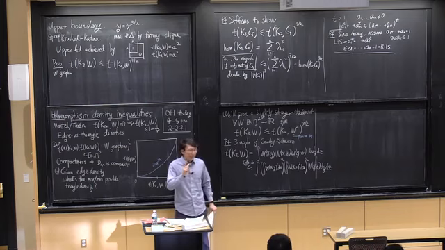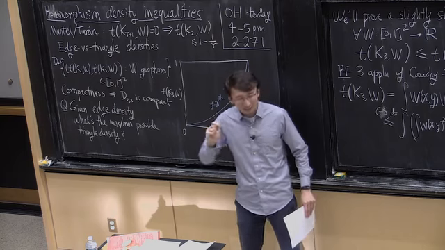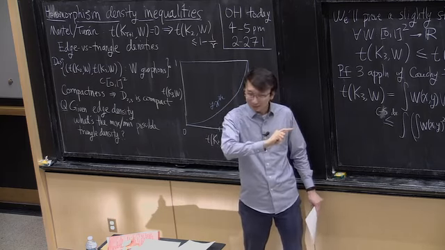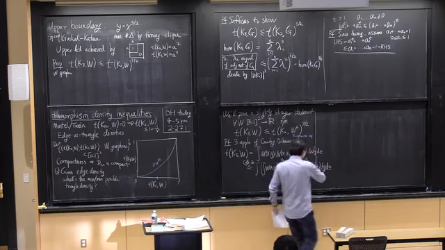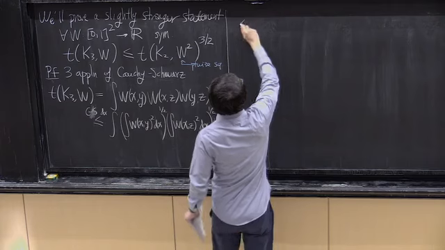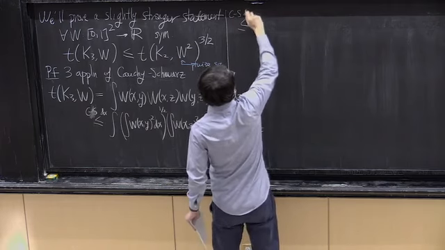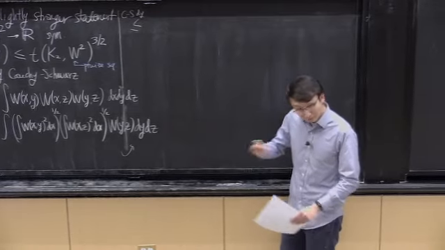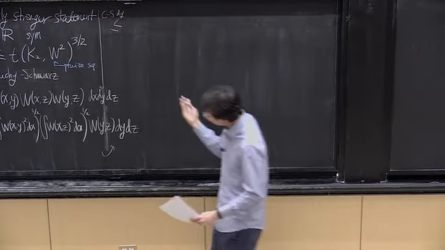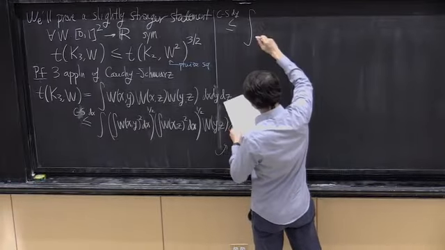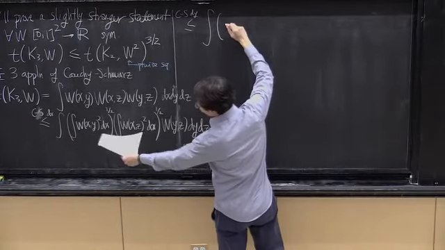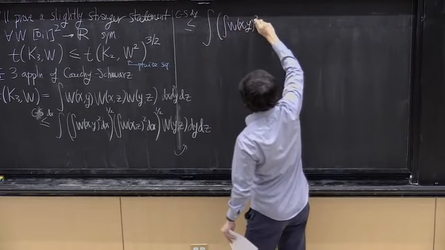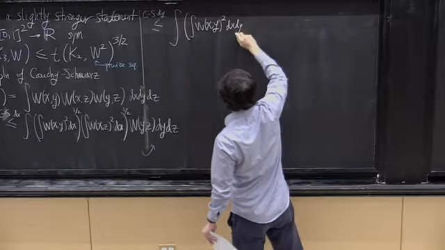Okay. Guess what the second step is? I'm going to apply Cauchy-Schwarz again, but now to dy. Right? To one more variable. Cauchy-Schwarz with respect to dy. There are two factors now that involve the letter y. So I apply Cauchy-Schwarz, and I get the following. The first factor now just becomes the L2 norm of w.